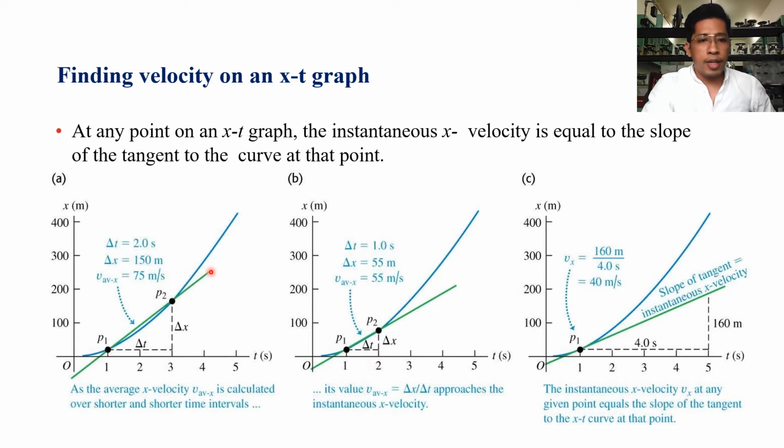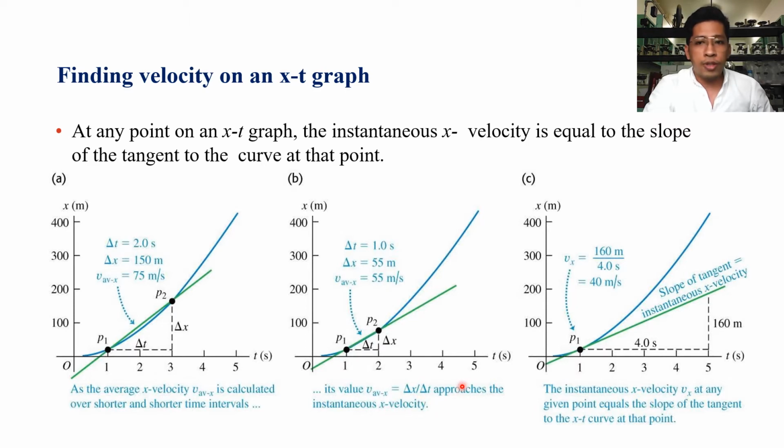But as the average x velocity is calculated over shorter and shorter time intervals, like for example this one, we have a shorter time interval from point 1 to point 2. The value of the average x velocity, delta x over delta t, approaches the instantaneous x velocity.